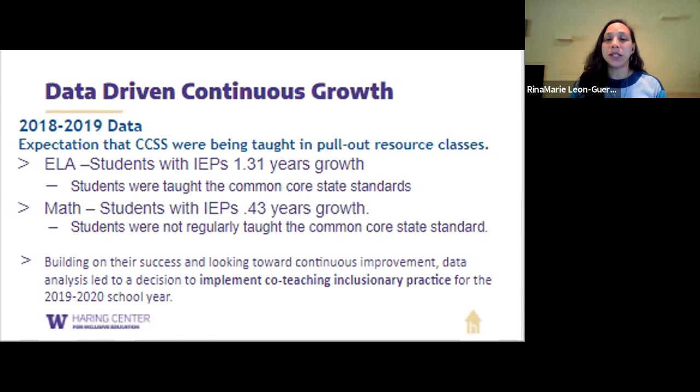As Chase Middle School continues on their continuous growth journey, they are informed by the data, are expanding their co-teaching practices, partnering with both feeder elementary and high schools to ensure a continuum of receiving instruction on Common Core standards for all students.